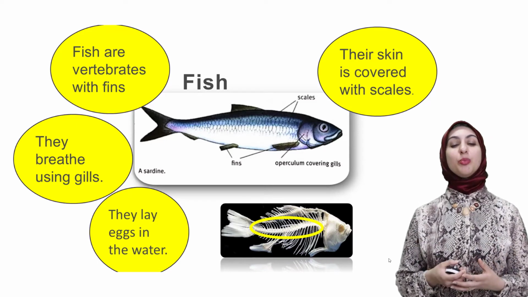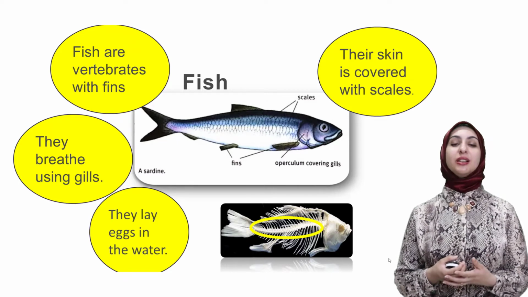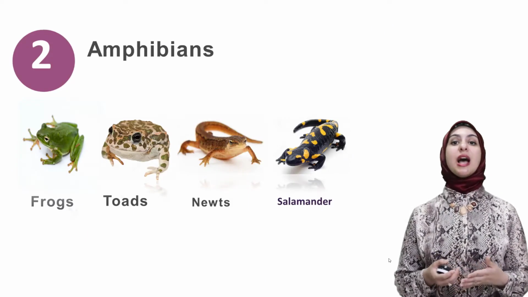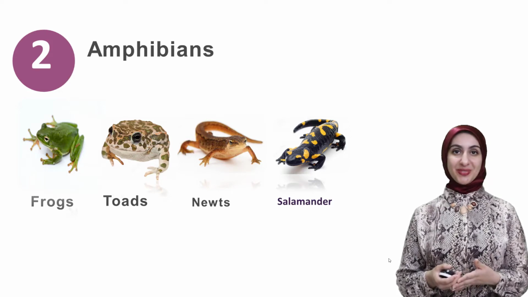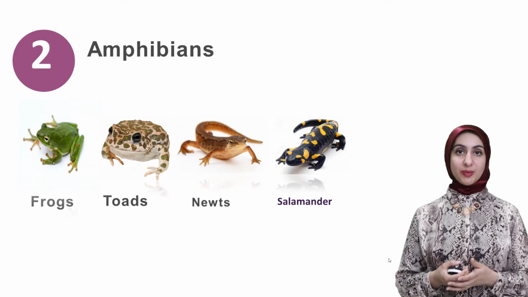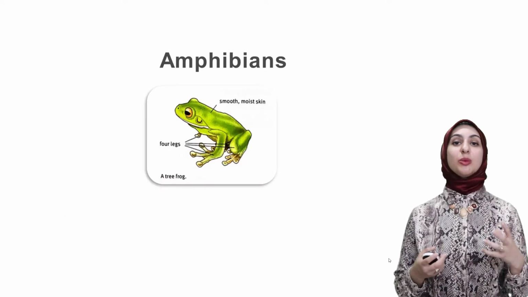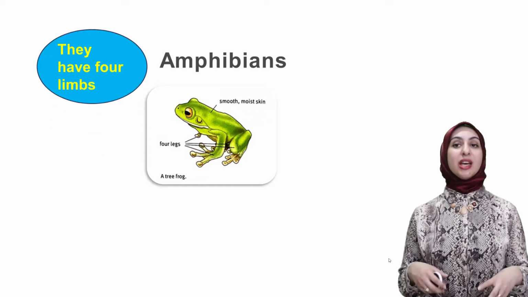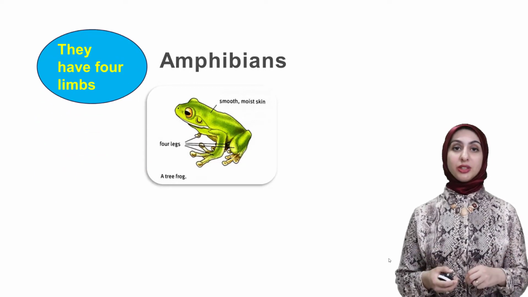The second group, amphibians, like frogs, toads, newts, and salamanders. Amphibians have 4 limbs, and limbs here means hands and legs. They lay eggs in the water.